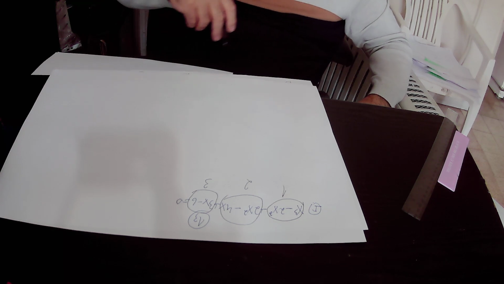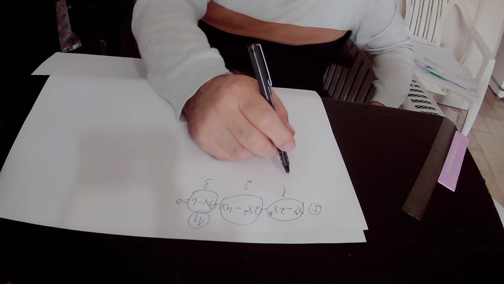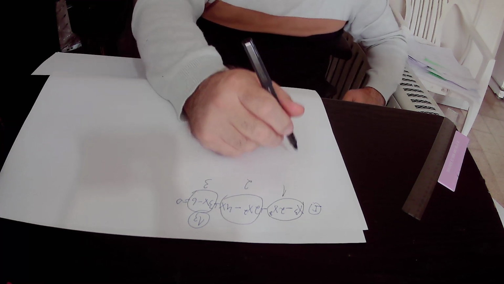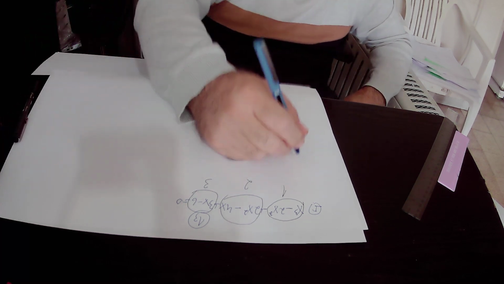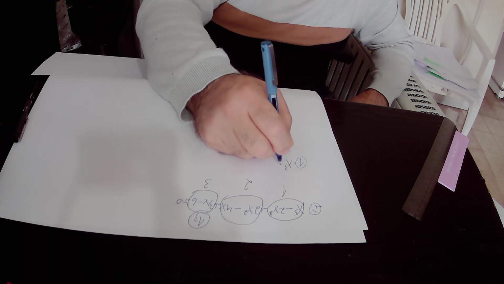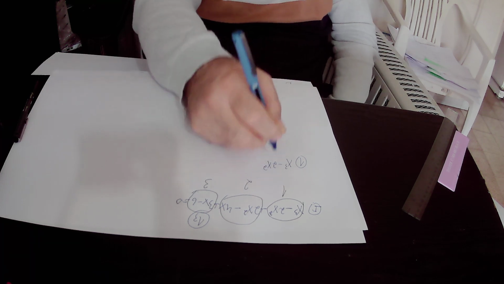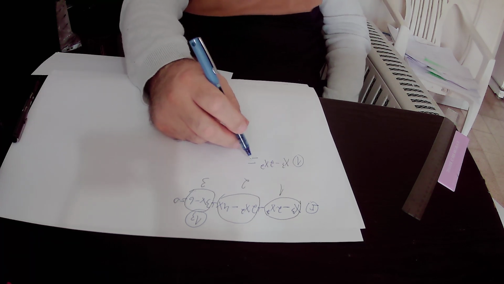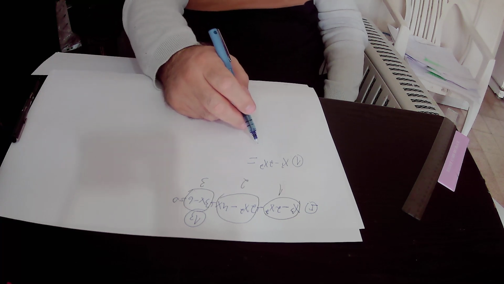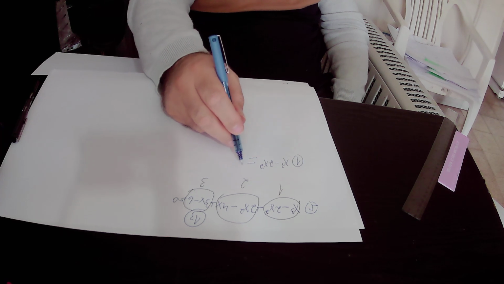Okay, so we will copy part number 1, that is actually x cubed minus 2x squared, and we will take a common factor from this expression. We will take x squared as a common factor of this expression.